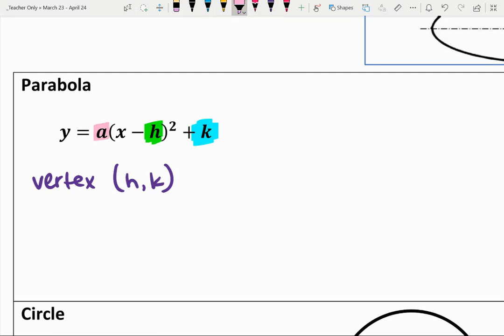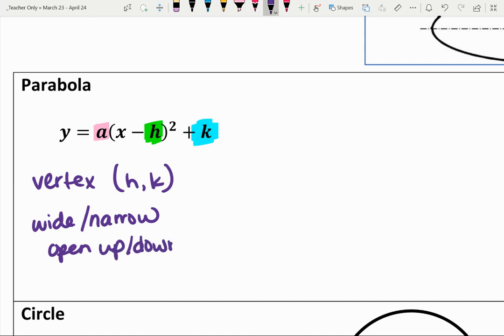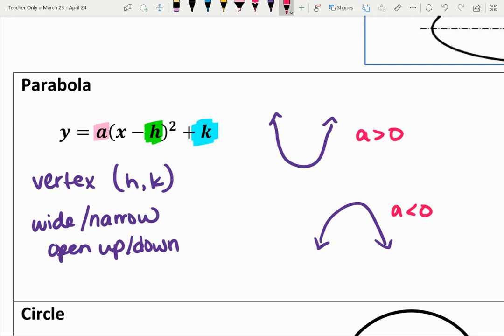And then that a value can either make our graph wide or narrow, and it can make it open up or down, depending on whether a is positive or negative. They can open upwards if a is positive or downwards if a is negative, and then we always have that vertex right at either the minimum or the maximum at the point (h, k).